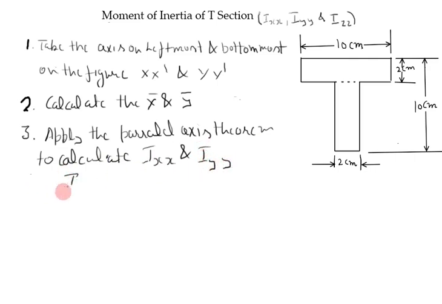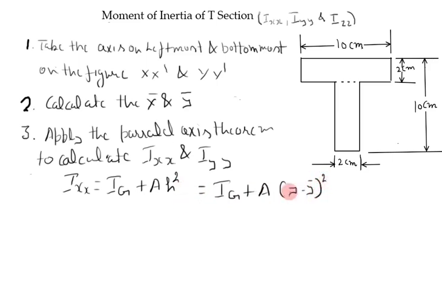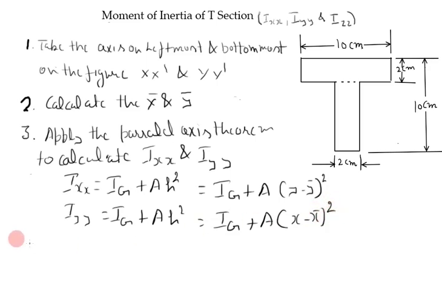The parallel axis theorem is Ixx equals Ig plus AH square, that is Ig plus A times y minus y bar whole square. This is the value of H. And Iyy is Ig plus AH square, that is Ig plus A times x minus x bar whole square.